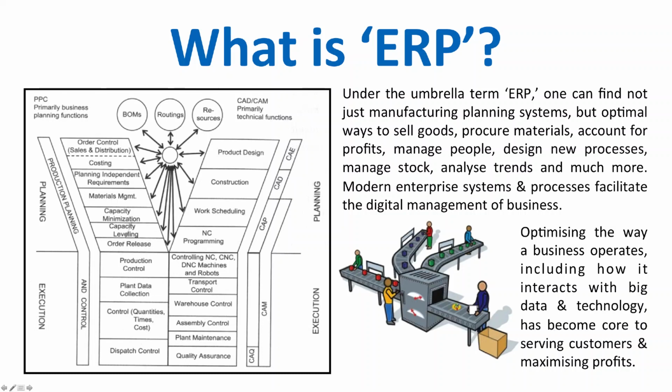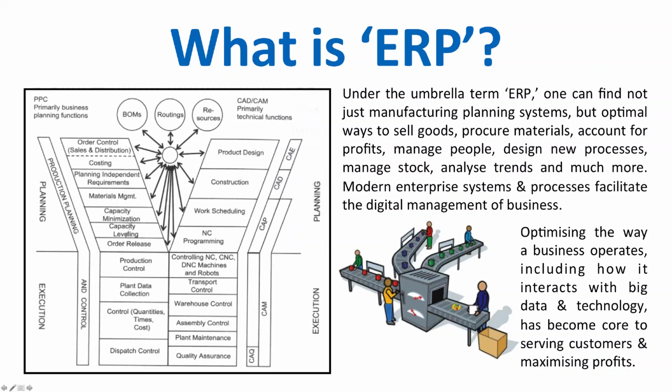Then we have plant data collection, control, quantities, times, looking at how quickly things go through the shop. What goes through the shop are bills of materials, which are the designs that are going to be built, routings, which decide what's going to be sent round to different places in the shop, and other resources like production tools and jigs that enable something to be made.